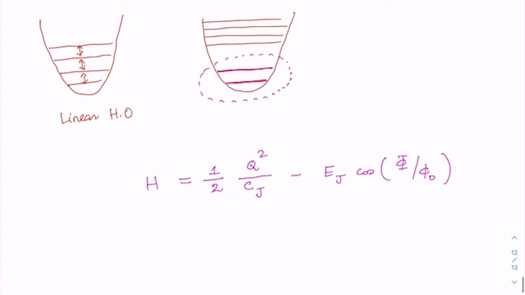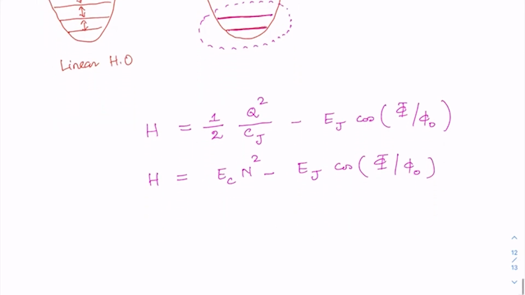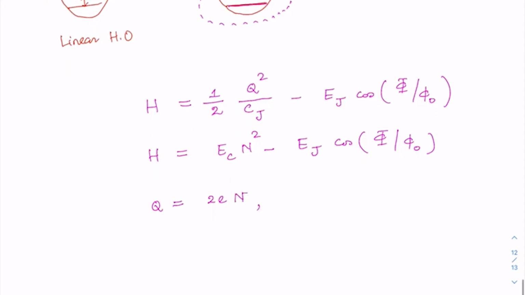It can also be written as H equal to Ec n squared minus Ej cos(phi by phi 0). Here I have utilized the fact that Q is equal to twice e, the electron charge, times the number operator n, the number of Cooper pairs, and here Ec would be simply (2e) squared divided by 2Cj.